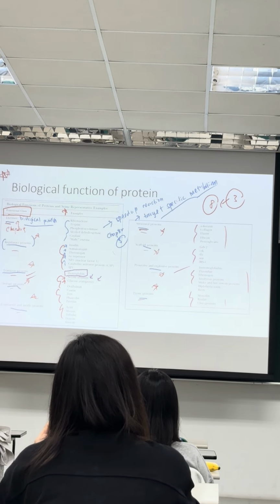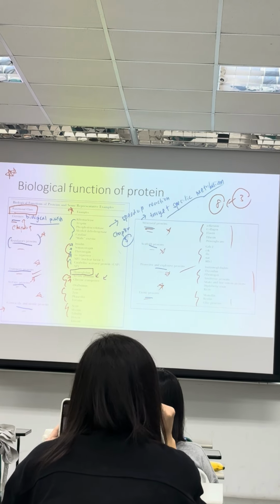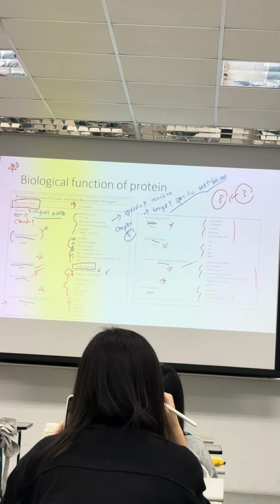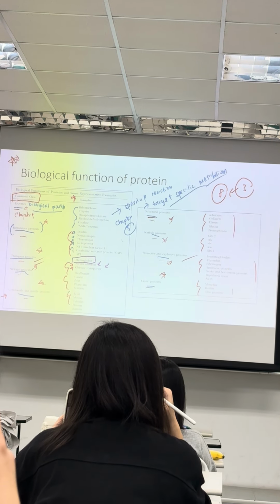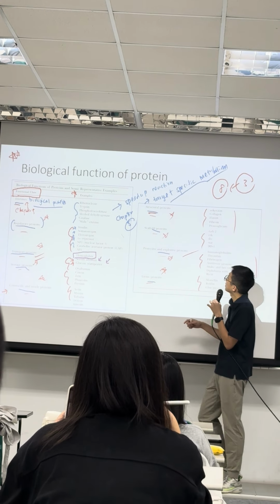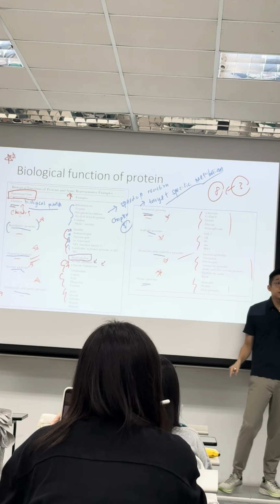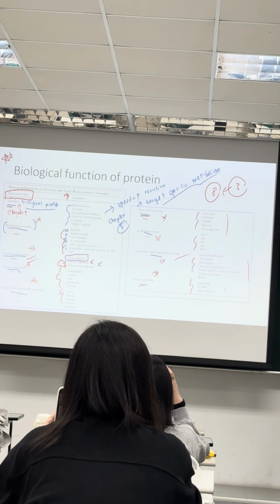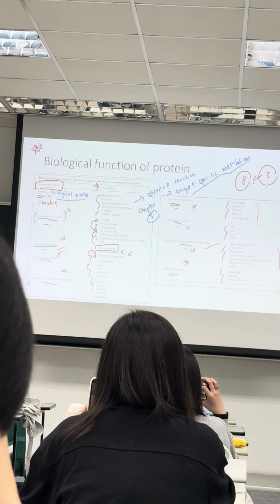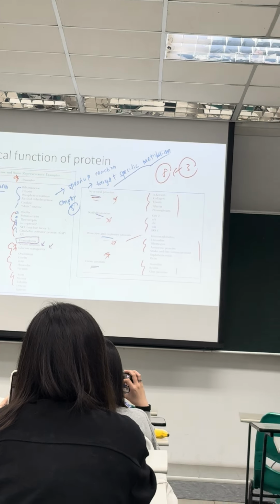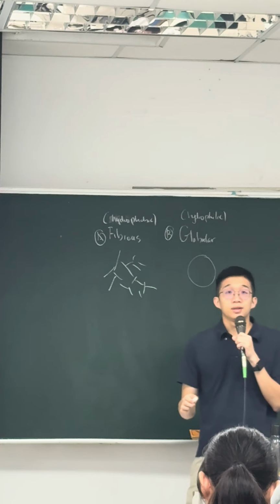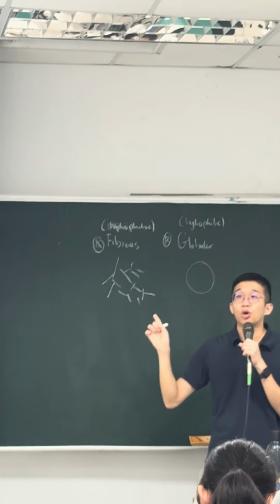We looked into all these different proteins last Thursday. From these different kinds of proteins, I will give maybe 2 or 3 types. Let me give you an example. If I give you structural proteins, first look at the keyword. Structural proteins is fibrous or globular?